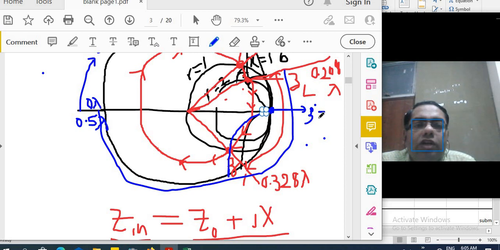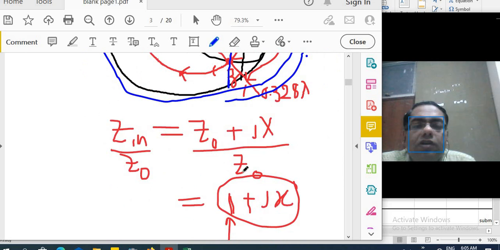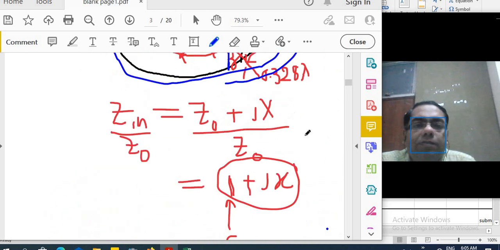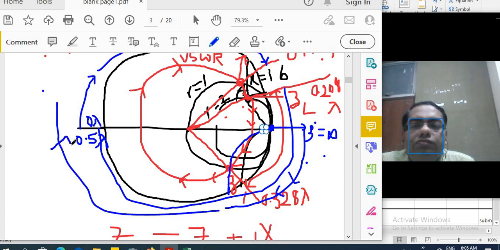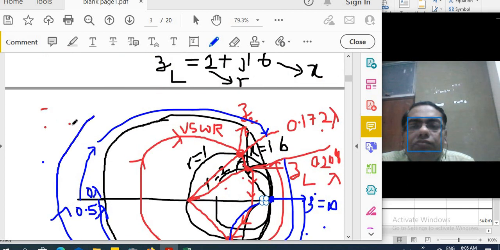I will start from here and travel that distance where my reactance is, as I told, plus 1.33. That means from here I will travel in the clockwise direction till my value is 1.33.